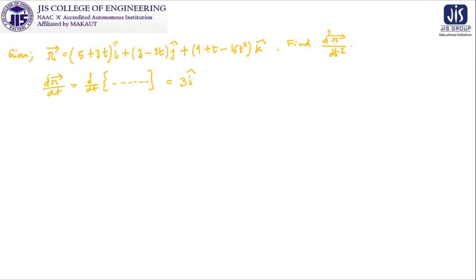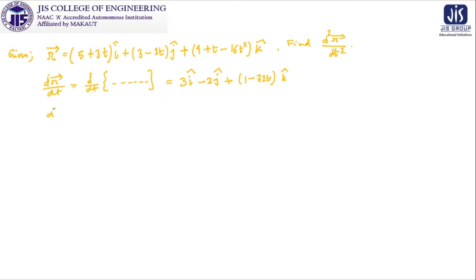Then d/dt of (3 - 2t) j will give you minus 2j, and finally d/dt of this whole thing will give you plus (1 - 32t) k. It is as simple as this.